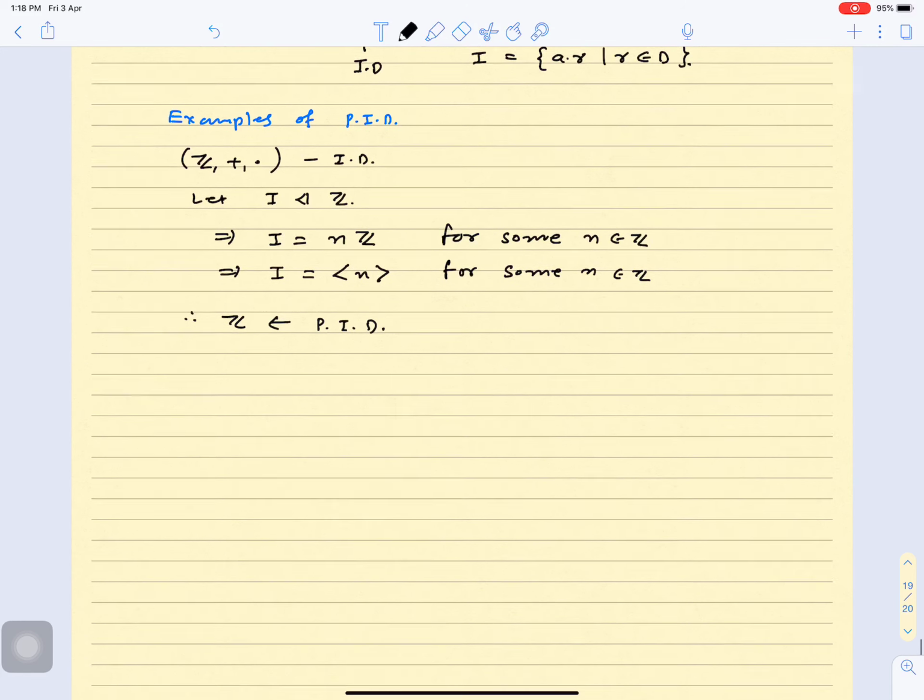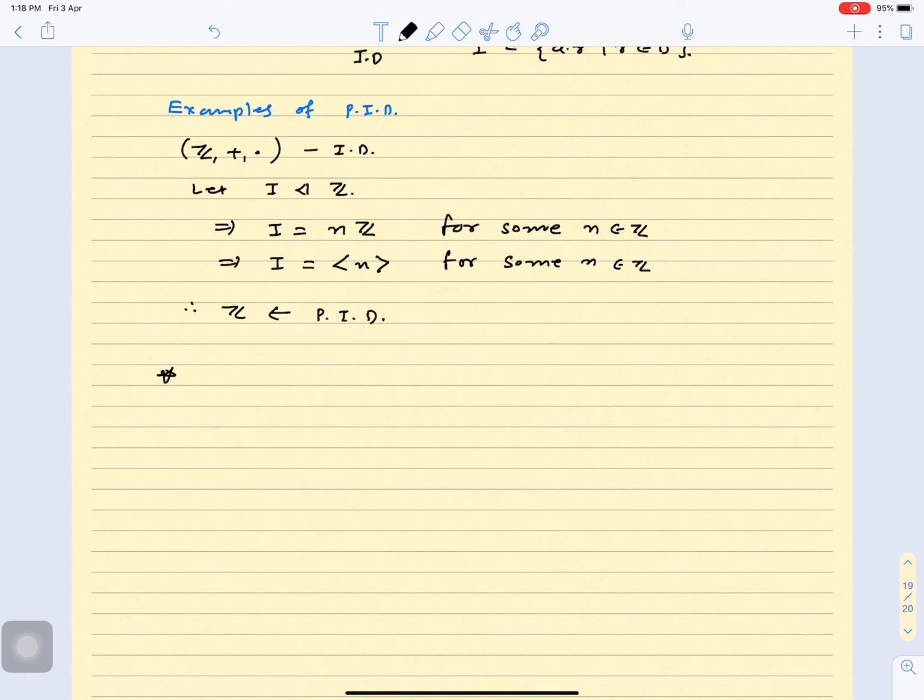Now you consider the second one. Let F be any field. Then we know that F has only two ideals, the singleton 0, and the other is F itself.